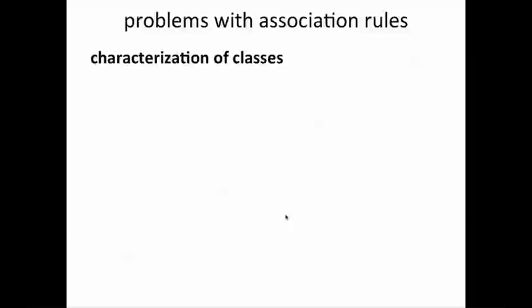The trouble is, association rules only work on high support. So small classes that don't enjoy high support, there just aren't enough instances of them, they get left out.